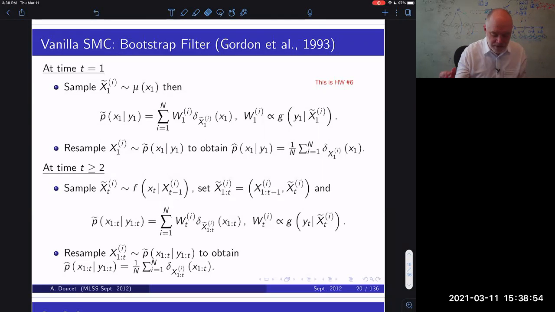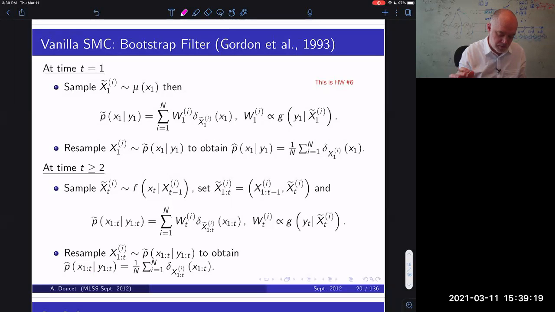So what is sequential Monte Carlo? It's a method for sampling from some distribution, or estimating some distribution p hat of x1 to t given y1 to t, and we can set up a sequence of distributions that sequential Monte Carlo samples from differently, and you'll see this later on.